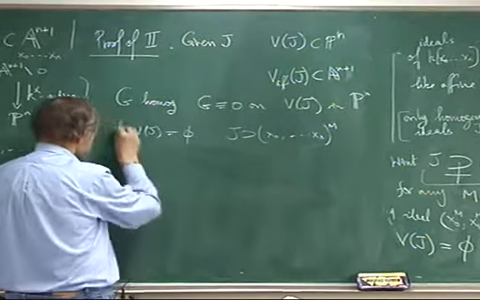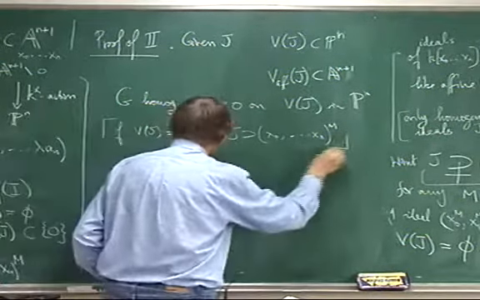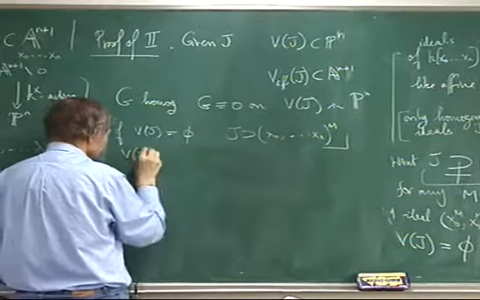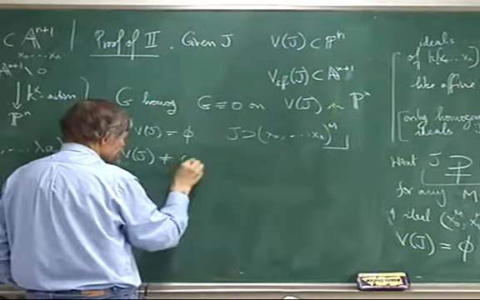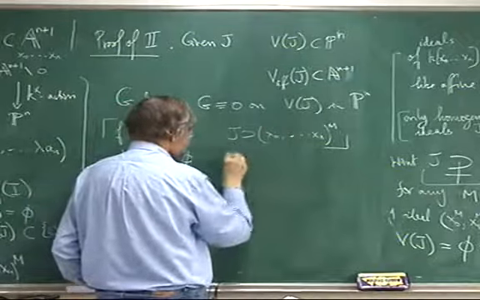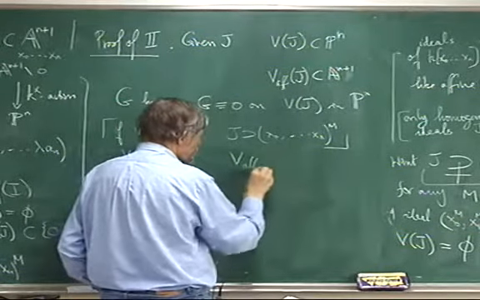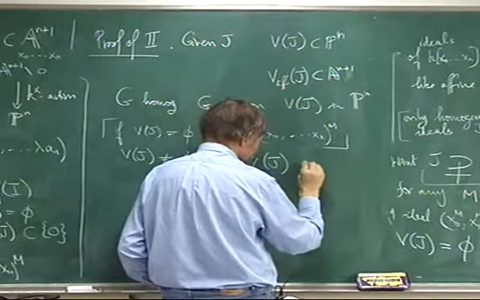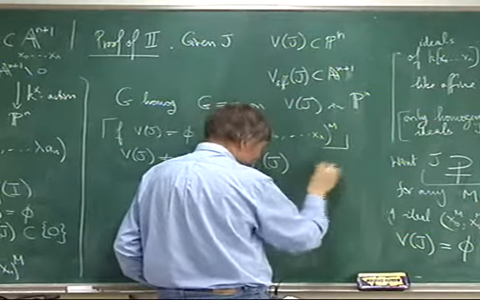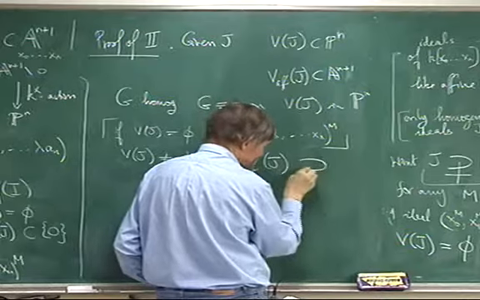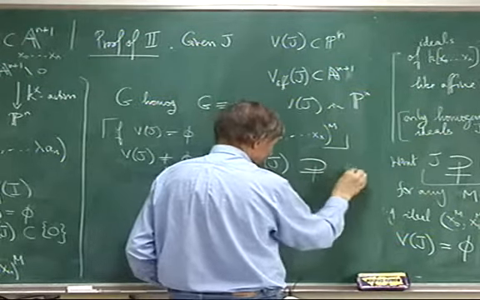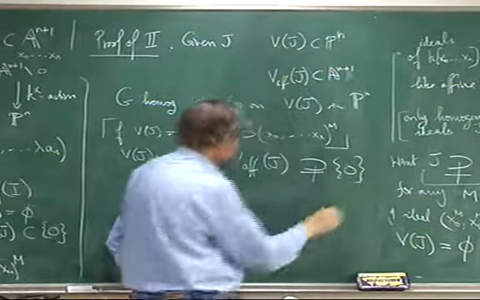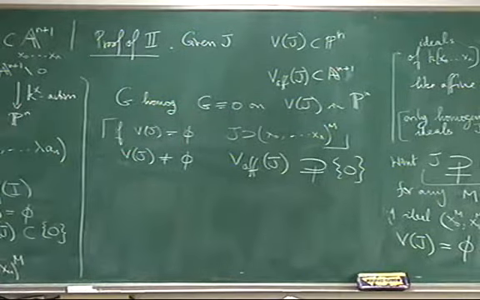Right, and so anyway, we don't have this. So V of J is not empty. So this means that V_aff of J strictly contains {0}, it's not just the origin.